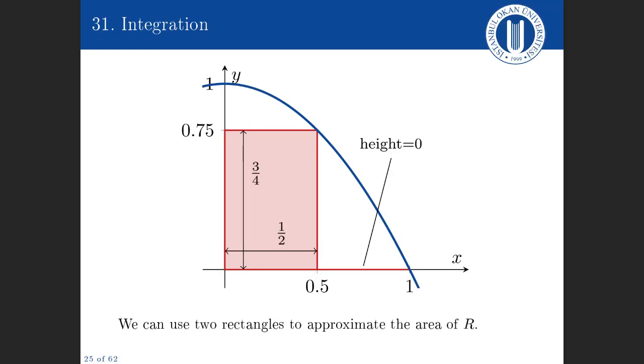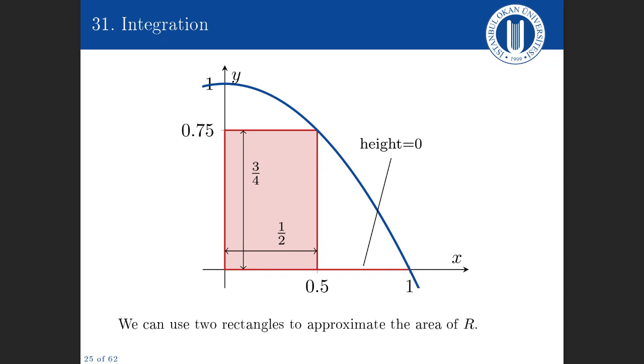Well, we could approximate this using 2 rectangles. There are 2 rectangles here. This is rectangle 1, and then for rectangle 2, I have this rectangle of height 0. We know how to calculate the area of a rectangle. Both rectangles have width a half.